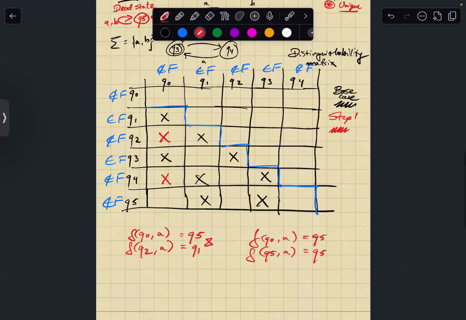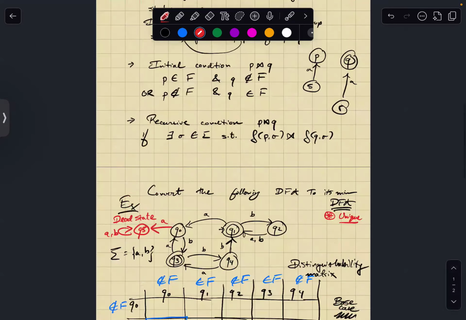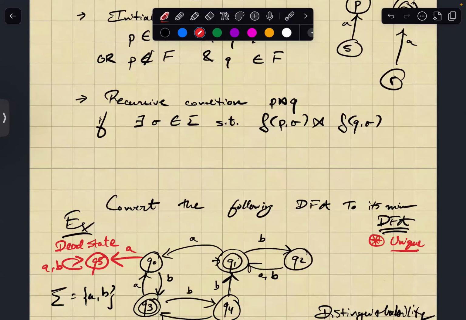But now let me do the same thing with B, right? Because I have to check, remember the recursive condition, it's such that there exists, right? If there exists at least one, then that means that they're distinguishable.